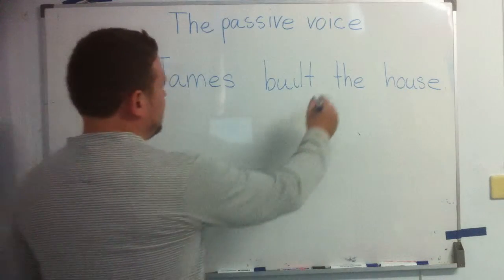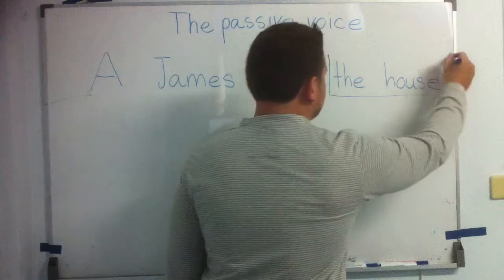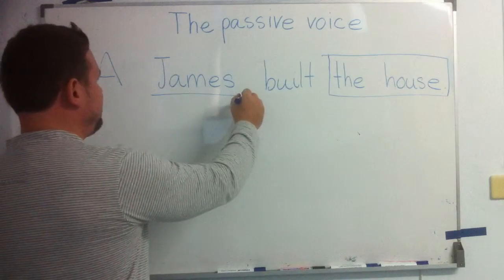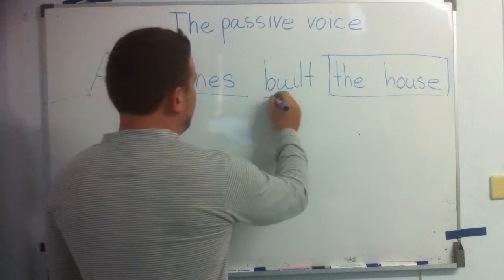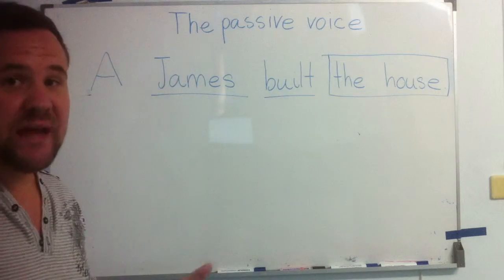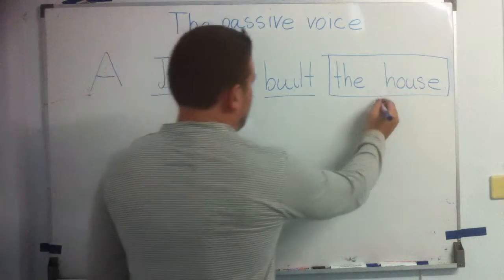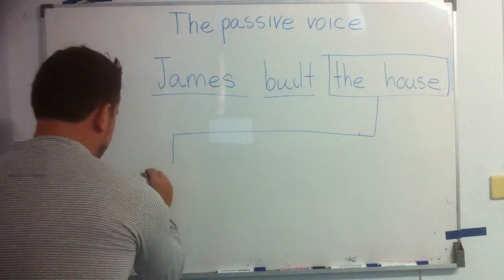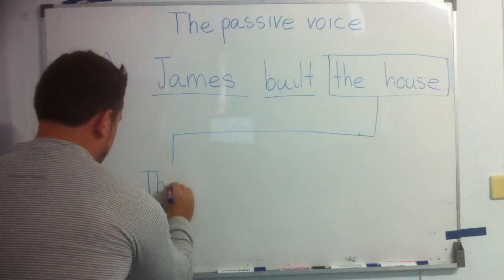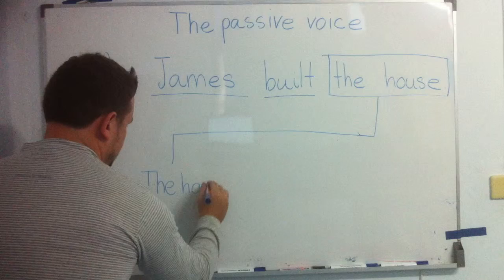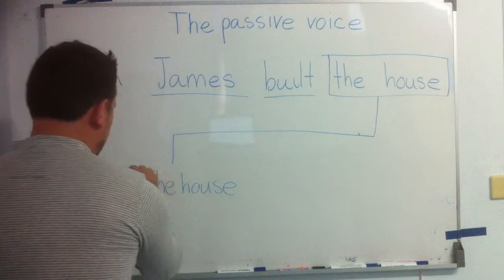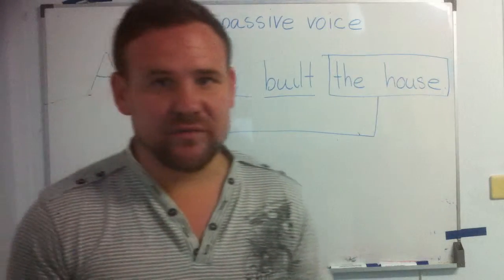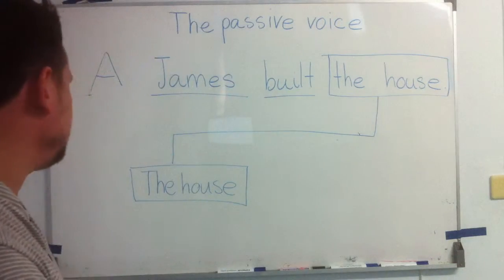Okay, so remember, here is our object. Here is the doer, and here is our verb. So again, we're going to take the object, and we're going to bring it down here. So now we're going to say the house. The house is now our focus of the sentence. It's now the main focus, the house.